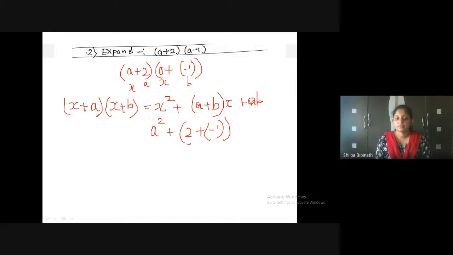A, multiplied by A. Plus AB. A is what there? 2. What is B? Minus 1.